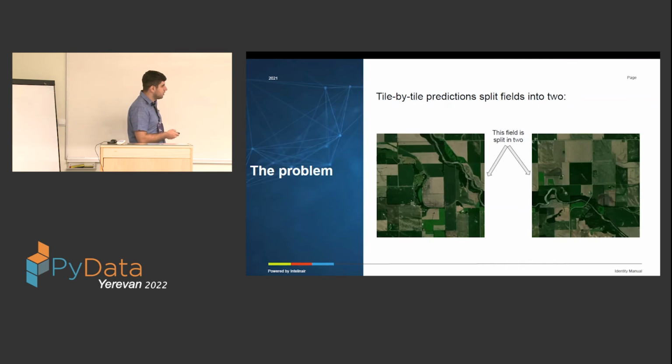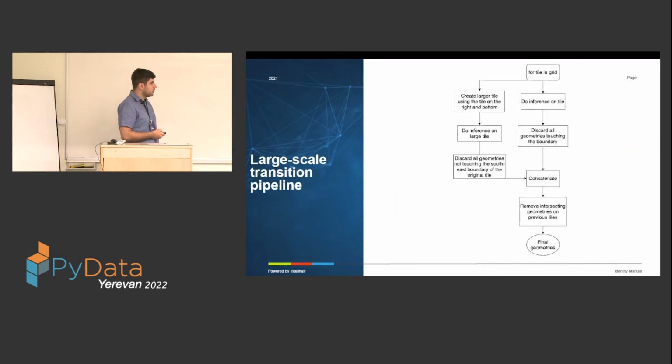We create this larger tile, concatenating basically the tile to the right and the tile to the bottom, making it a 2x2 tile, so to say. So we have this larger tile that includes all the fields on the right and the lower boundaries. After that, we do inference on this larger tile.